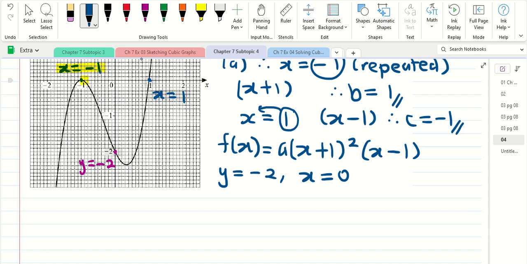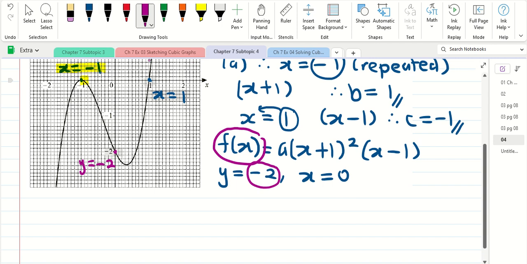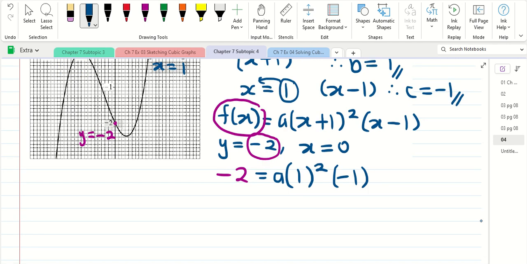So y equals negative 2, this is also fx. So negative 2 equals a, and then x plus 1 is 0 plus 1. So a times 1 squared times 0 minus 1 is negative 1. So here, negative 2 equals a times negative 1, which is negative 1a. Therefore, a equals 2.